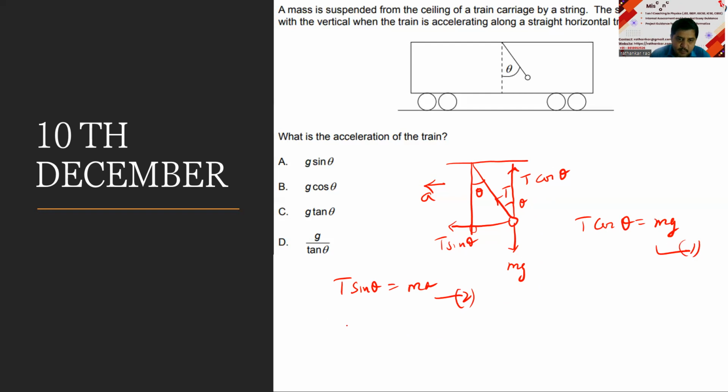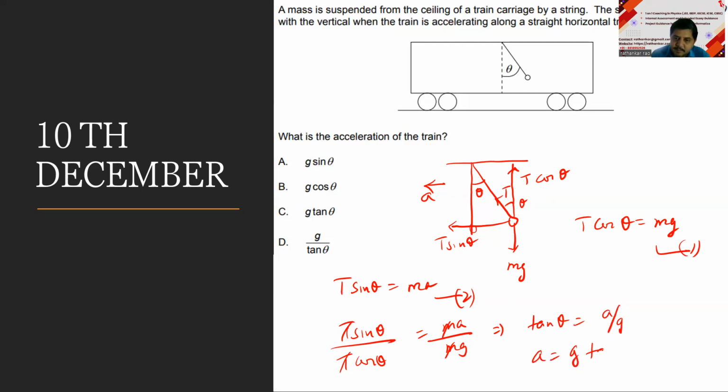I get T sin theta divided by T cos theta is equal to ma divided by mg. M goes away, T goes away. As a result, you get tan theta is equal to a by g, or a is equal to g tan theta. What's the right answer? C, right?